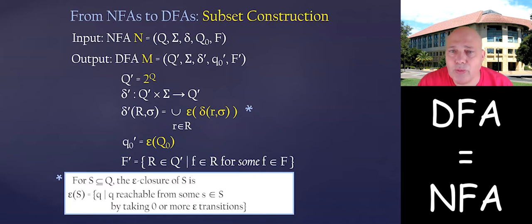What we've done, we monitored all the states we can reach, and if one of them is accept, then this means that we can accept, because there is a path to an accept state. So that's the construction, the subset construction, and what we'll do in the remainder of this video is give you an example of applying it, and that's something you should be able to do by yourself.